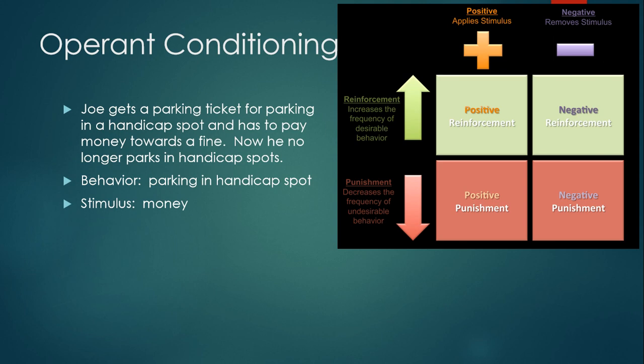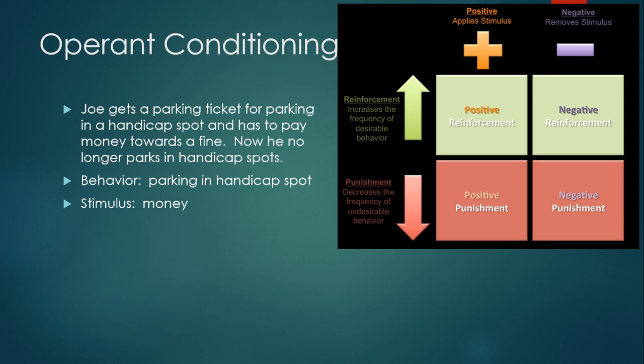Now, in this particular example, there's no right answer. It could be positive punishment, it could be negative punishment. But when it comes time for a quiz question or an exam question, I want you to know that as long as you can explain it to me properly, as long as you can explain why a parking ticket might be positive or negative punishment, then you will definitely get full points for that.